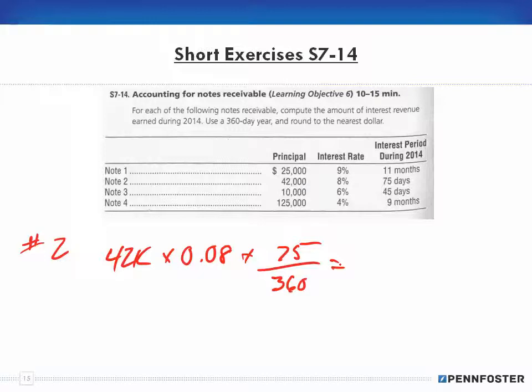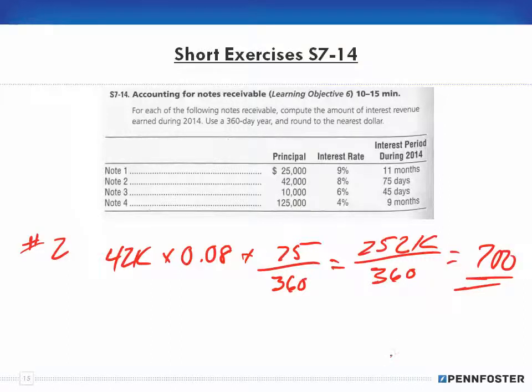I'm going to take the 42,000 times the 0.08 times the 75, and that gives me 252,000. And then I'm going to divide that by 360, and that's going to give me $700. Okay, so that's the answer for number 2.